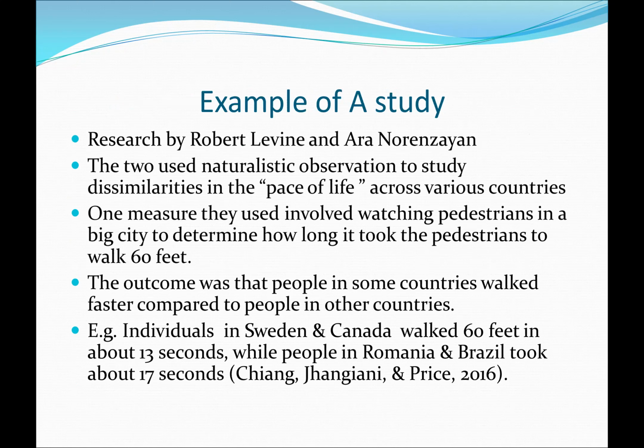One of their measures involved observing pedestrians in a large city to see how long it took them to walk 60 feet. They found that people in some countries walked reliably faster than people in other countries. For example, people in Canada and Sweden covered 60 feet in just under 13 seconds on average, while people in Brazil and Romania took close to 17 seconds.